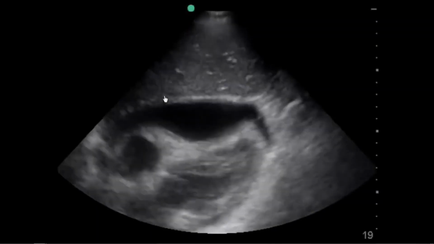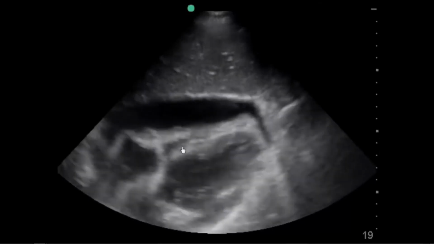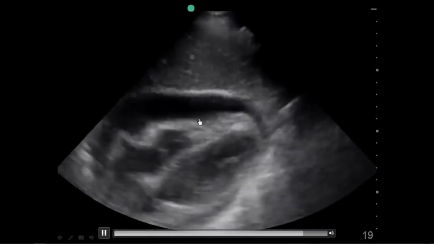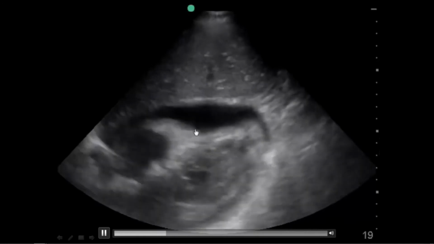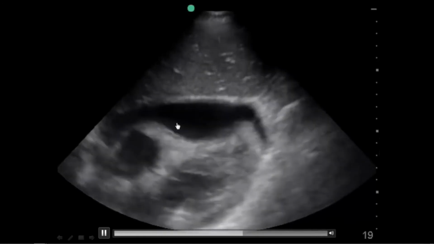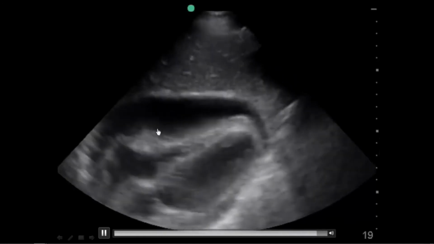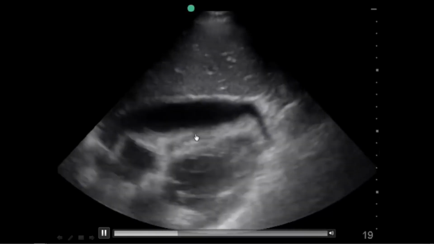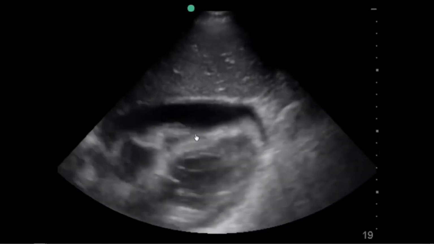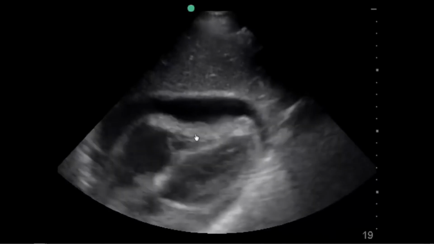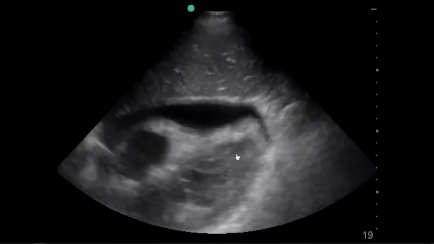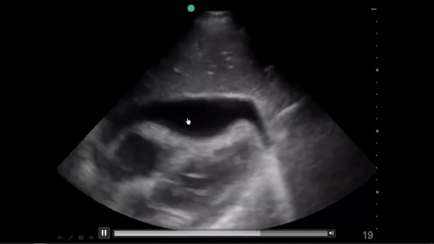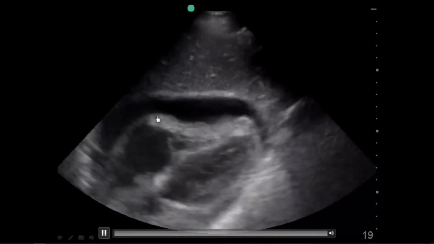When that fluid creates enough pressure around the heart, we'll start to see tamponade, and that will create a pressure on the right ventricle, which is a lower pressure ventricle. We can see that this area here anteriorly, where we should see the ventricle going out and in as it contracts and expands during systole and diastole, instead has the amount of pressure on it from the outside forcing it downwards.